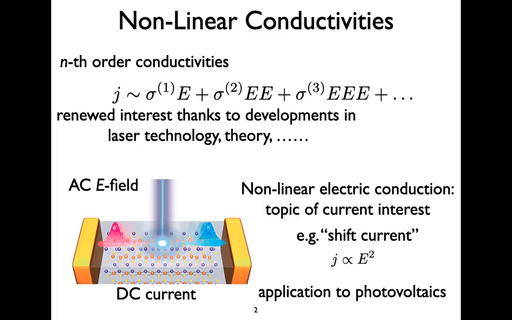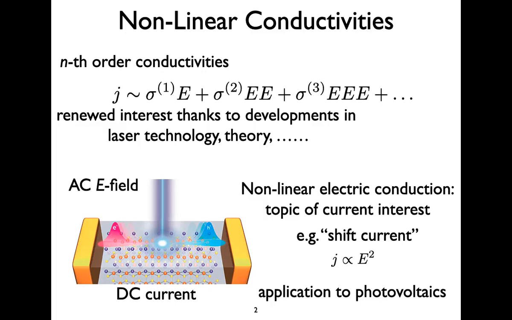And just as an example, recently there's a lot of discussion on the so-called shift current, which produces basically second order conductivity. That is, current proportional to electric field squared. This can also be useful for applications. If you shine a laser or some electromagnetic wave into the material, the electric field is oscillating.